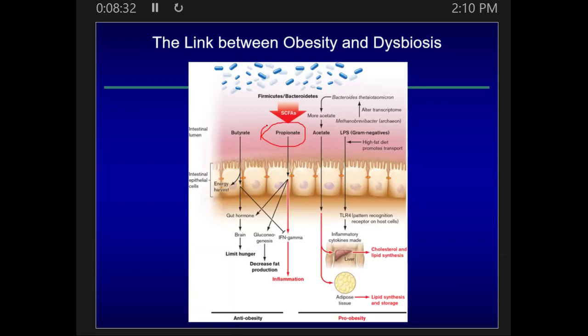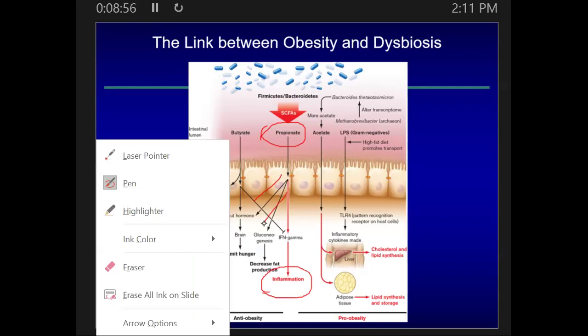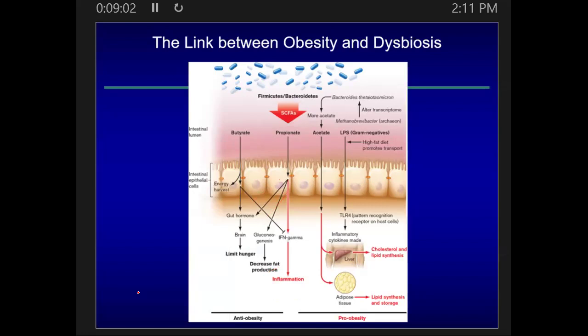What they're showing is that in some cases, if you follow the red arrows down, it can be a negative thing. It can lead to inflammation. But in other cases, with the black arrows zooming off to the side here, they're showing that it can actually be a good thing. It can limit hunger and decrease fat production. So that one's a little murkier, and some subsequent studies are showing that to be true.